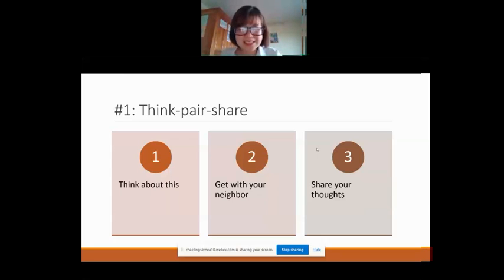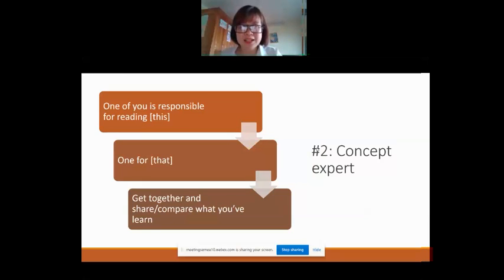The second technique that I use is concept expert. This technique also requires students to work in groups, like think pair share. But the difference is that one student is responsible for reading some part of the concept, and another student reads another concept.